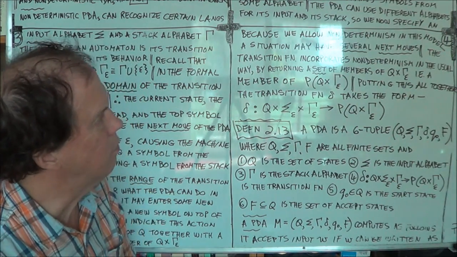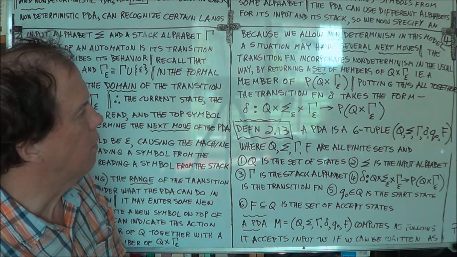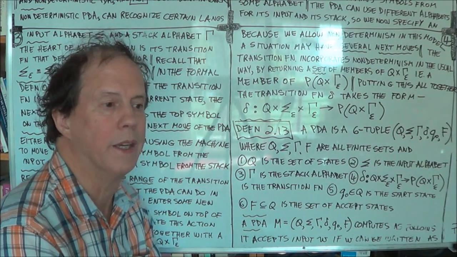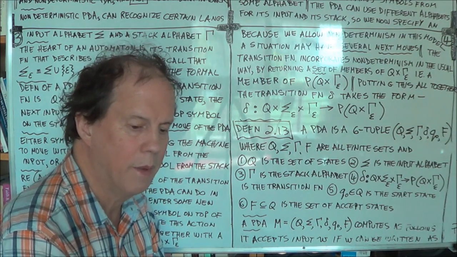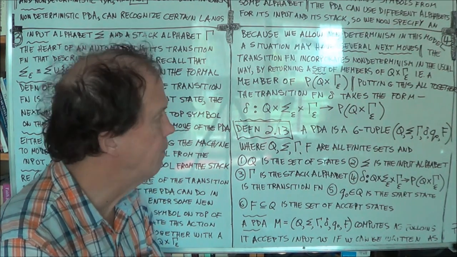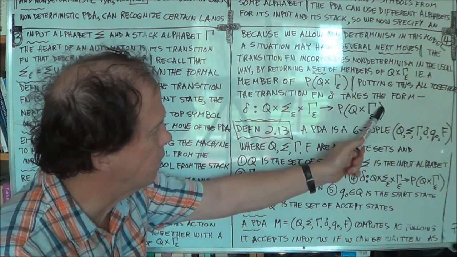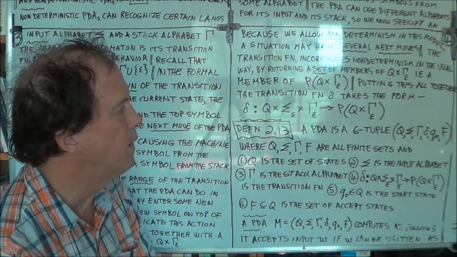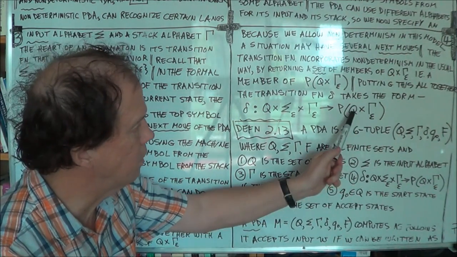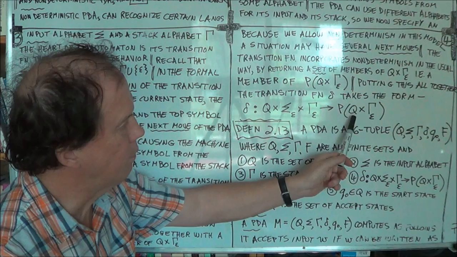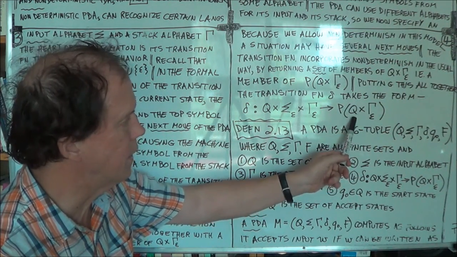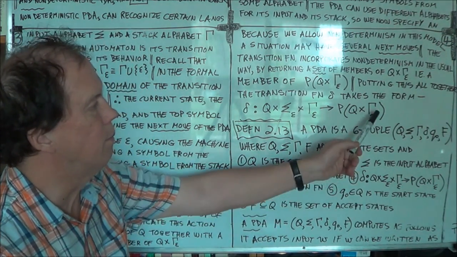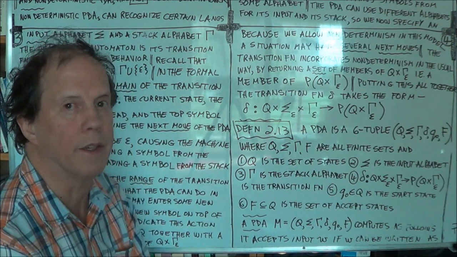So the range, strictly speaking, of a non-deterministic PDA is in fact the power set, P, the power set of this Cartesian product. Remember, the Cartesian product is just a set. It's a set of ordered pairs, where the first member of your ordered pair is a state, and the second member is a symbol from your stack alphabet.